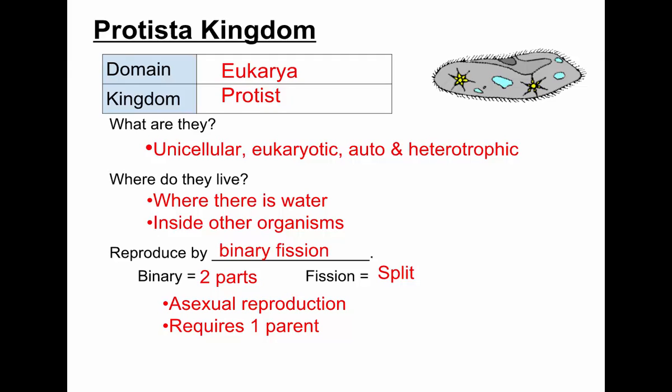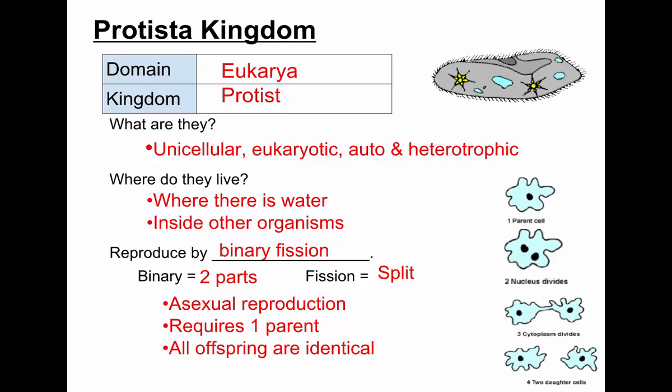Asexual reproduction, as you know, involves one parent organism, and it basically just makes a copy of itself. The offspring are identical. In this illustration, you see a single amoeba.